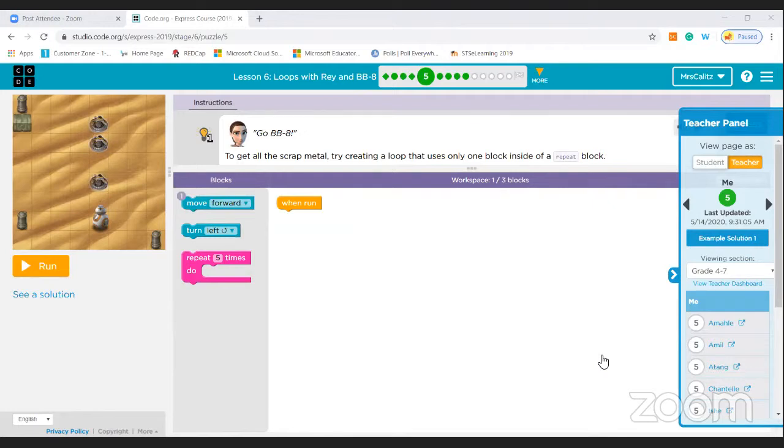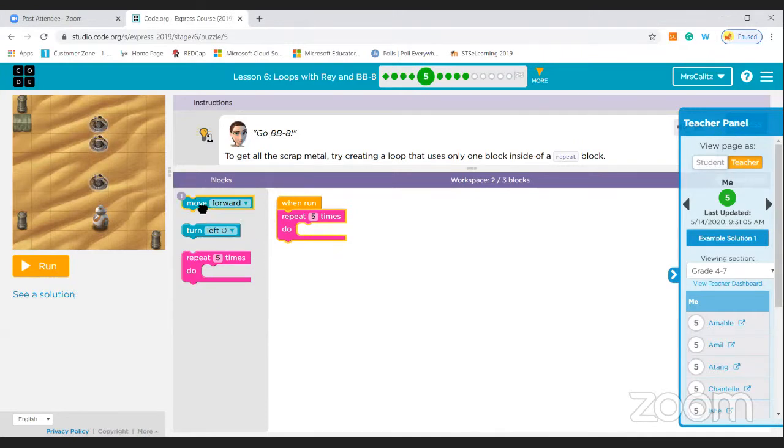So who's going to tell me what I need to do first? Gao, are you the one? So I need to get all the scrap metal, and then I need to create a loop that uses only one block inside of a repeat block. So let me do that. So what do you think I need to use? Do I need to use the forward block, or do I need to use the turn left block?